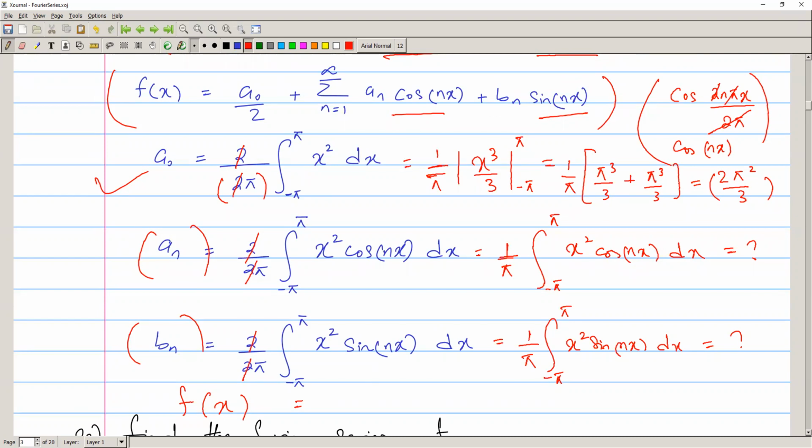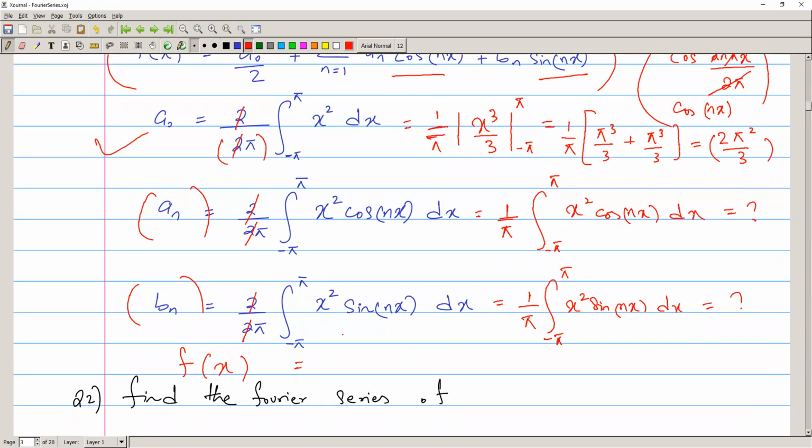Pi cubed plus pi cubed will be 2 pi cubed, and pi cancels with pi, yes. So we can write here a naught over 2, so 2 pi squared over 3 divided by 2, plus summation n runs from 1 to infinity. Whatever the value of a n you get from this integral, you can substitute here, right?